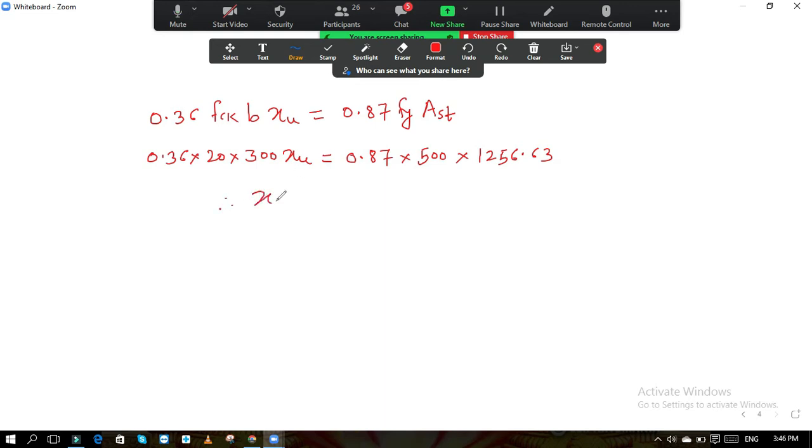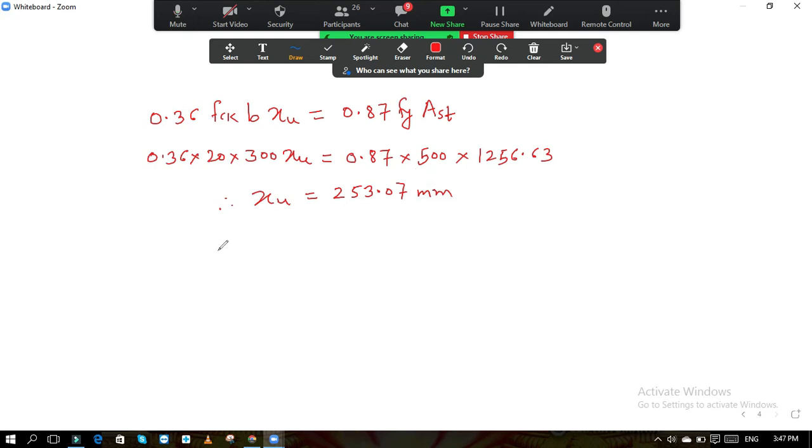Therefore, Xu is equal to 253.07. Okay, so this is the value of Xu.